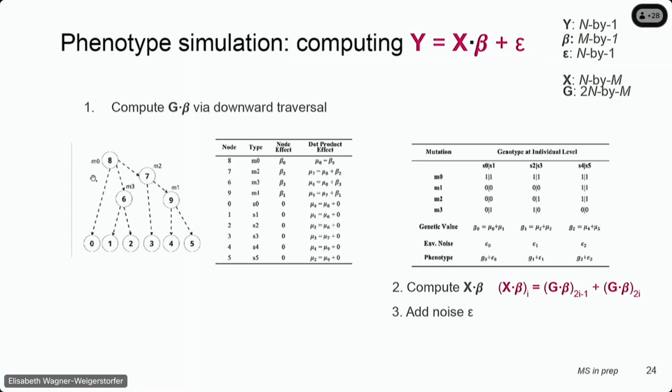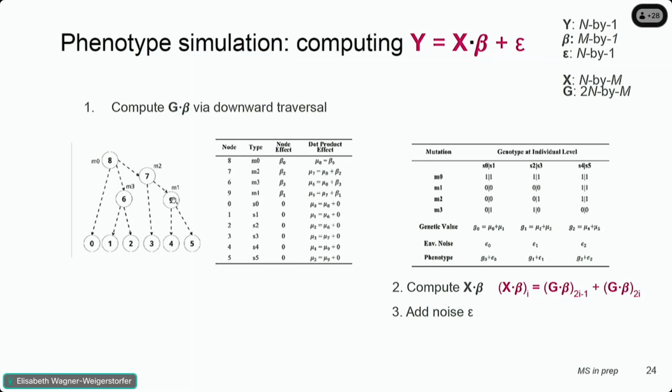That is whether this mutation on node 8 has an effect. If it does have an effect, we assign this effect to the effect of node 8. And then when we move to node 7, it would collect the effect from the node above it, that's node 8. It would also collect the effect from the M2 mutation, whatever causal effect this mutation has, it will add to that value. That way we calculate the effect of node 7.